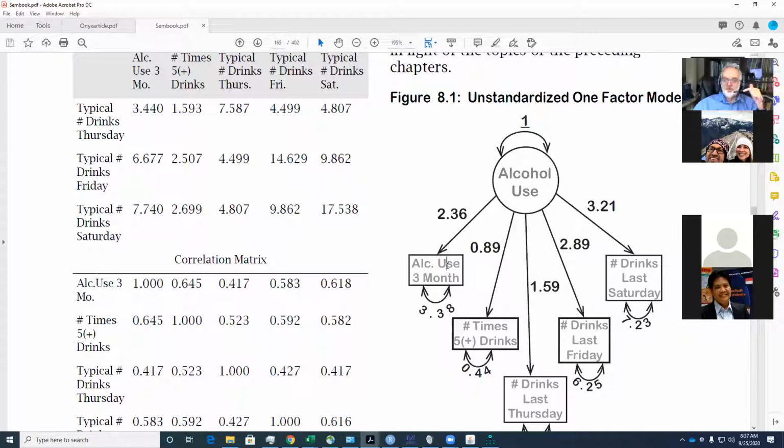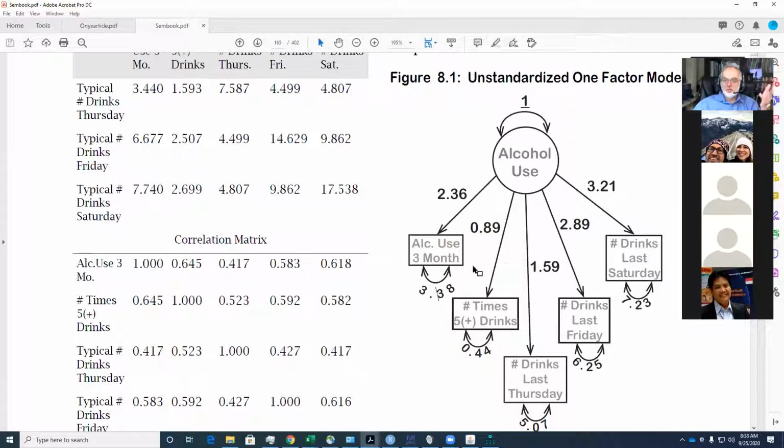So to rehearse what the frequent mistakes are, traveling from alcohol use to this one does not mean 3.38 times 2.36, because after I have taken a slingshot, I can't go in a backward arrow. So the rest of the variances and covariances in this diagram should be pretty obvious. The variance of 5 plus drinks is 0.89 squared plus 0.44 and so forth.